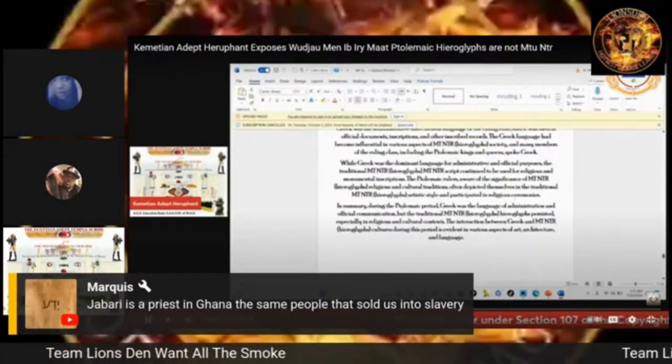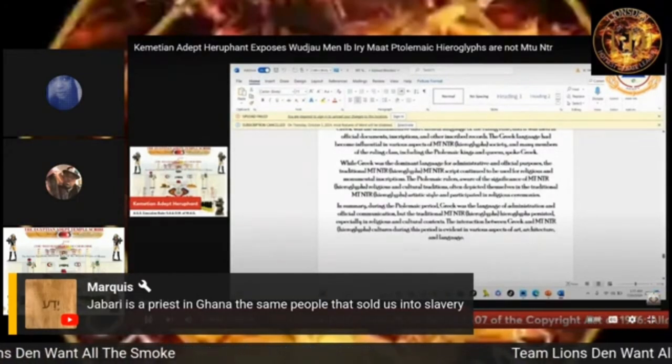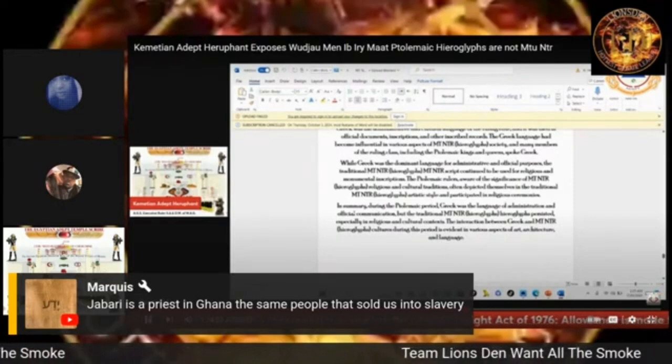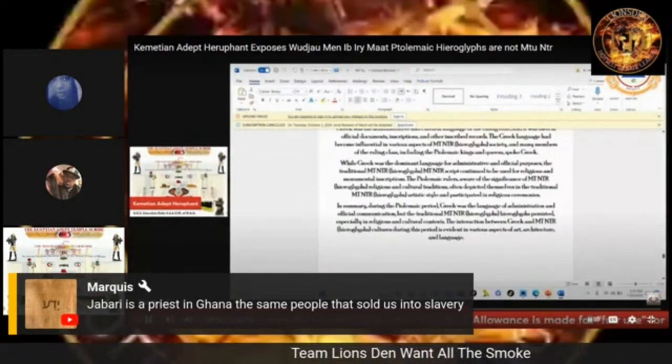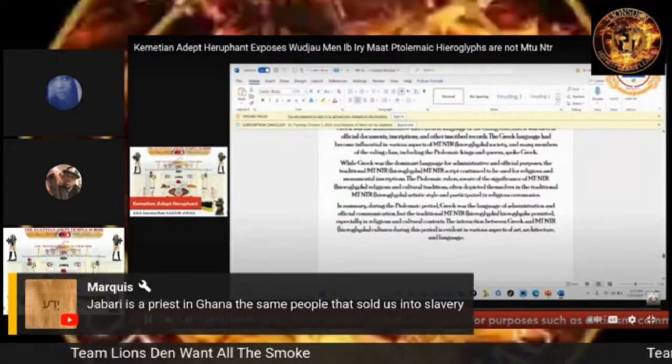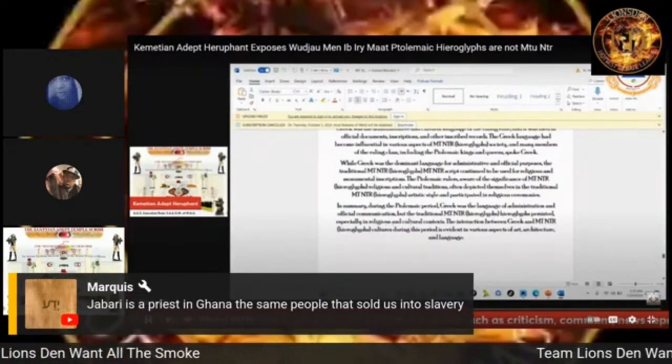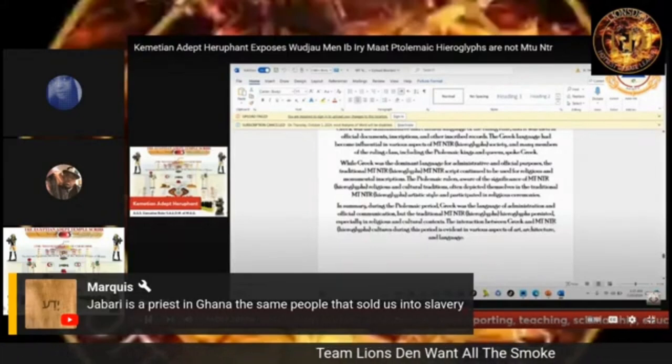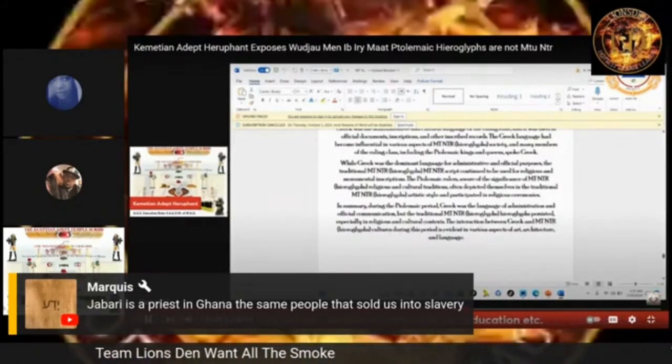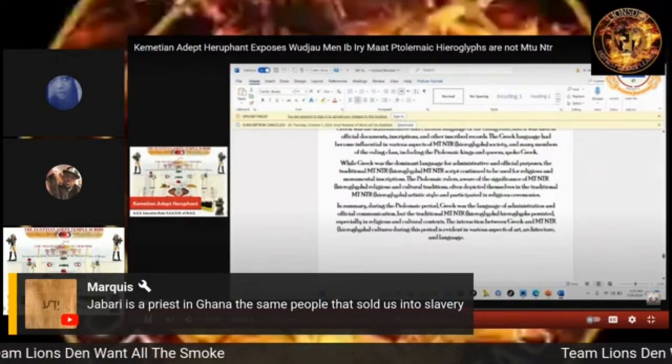In summary, during the Ptolemaic period, Greek was the language of the administration and official communication, but the traditional Medu Neter hieroglyphs persisted, especially in the religious and cultural context. The interaction between Greek and Medu Neter cultures during this period is evident in various aspects of art, architecture, and language. You know what I mean?